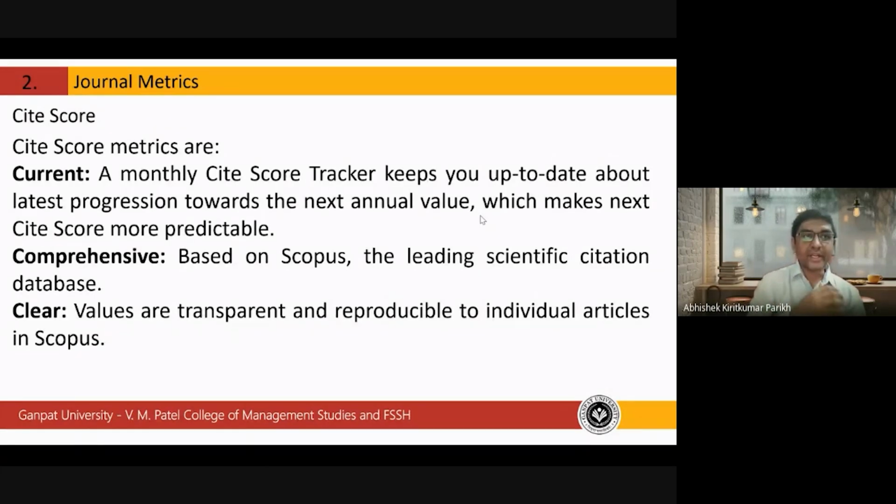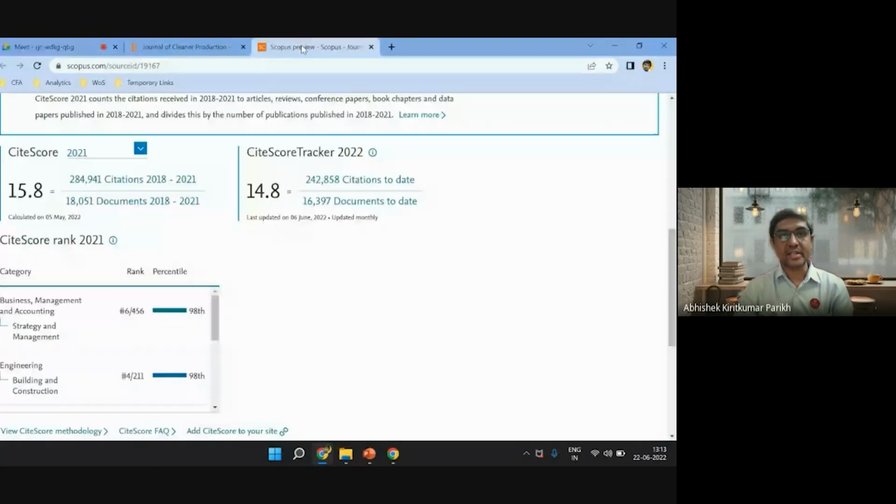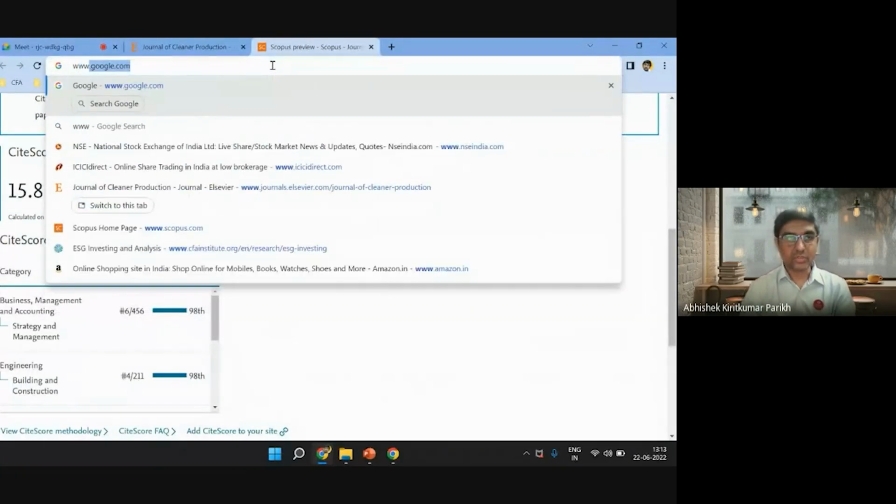That will not be added to my CiteScore. But let's say, for example, if I am published in the Indian Journal of Finance, and there is another article which is also a Scopus-listed article and citing my work, then it is considered to be a comprehensive CiteScore. Everyone is okay with this? This is very important. See, many a time, Google Scholar is giving you an overall Google Scholar index score, right? So let me show.